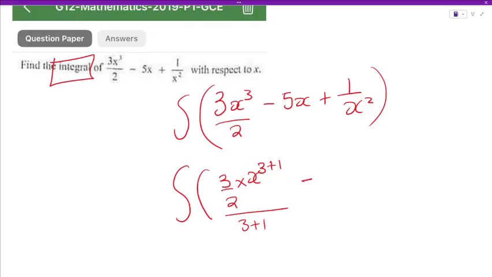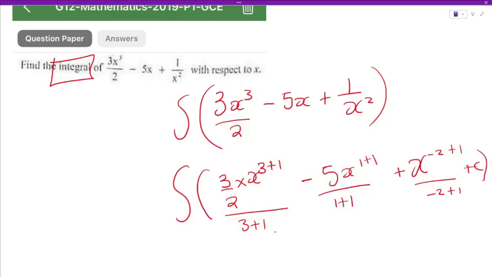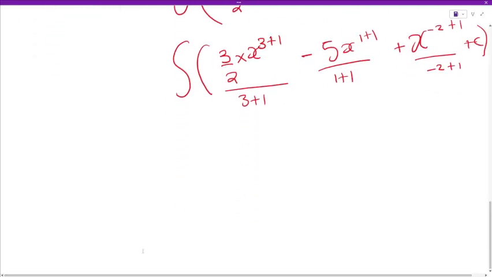Then we're going to say minus 5x to the power 1 plus 1 over 1 plus 1. And then the second one, you are going to convert it to a negative index, right? So we said the x goes up and then its power becomes a negative. So it's the same as x to the power negative 2, then we can add a 1 to integrate. Even here we're going to say negative 2 plus 1, and then you say plus c, you close. Okay, we now move it to the right.